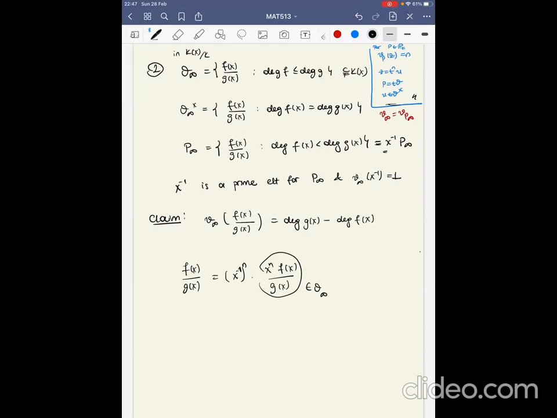So these two polynomials must have the same degree, and this forces n to be degree g minus degree f. This allows us to write f over g in terms of the prime element to the power n and a fraction from O infinity.